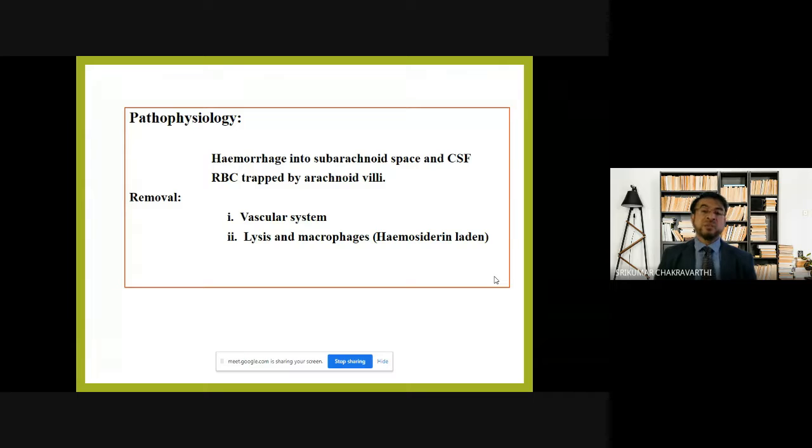So these RBCs have to be removed, and they are removed by the macrophages in the system. The macrophages become red and brown because they get laden with hemosiderin when they eat up the RBCs, very similar to the hemosiderin-laden macrophages in the lungs, which you see in heart failure when there is pulmonary edema.